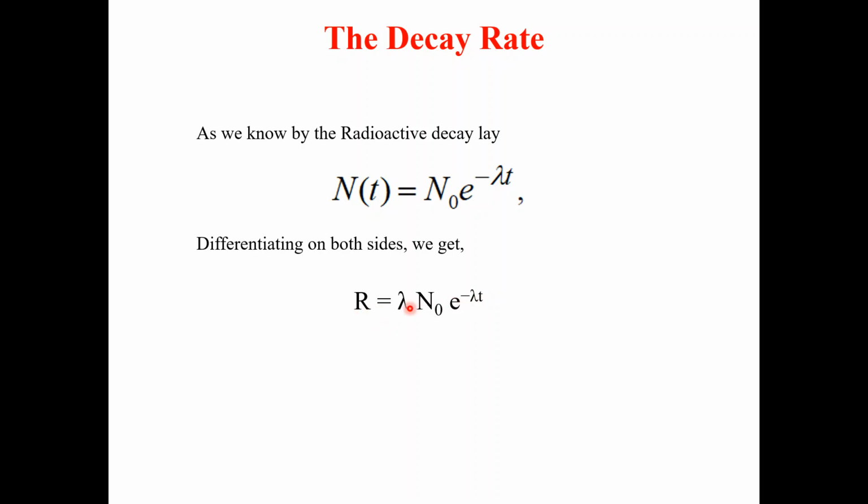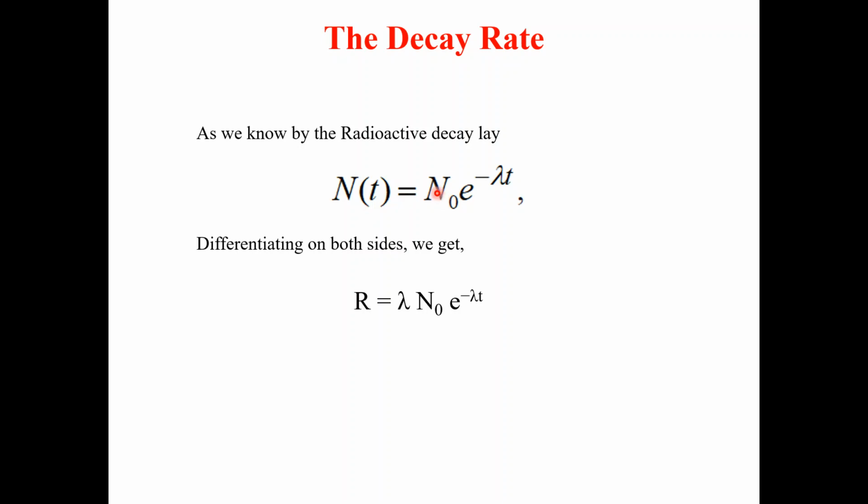Here is the easiest trick. We differentiate this side with respect to t, and we get dN over dt, which is equal to minus R. We say that R is equal to minus dN over dt.